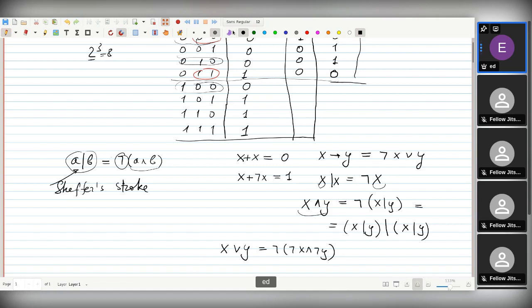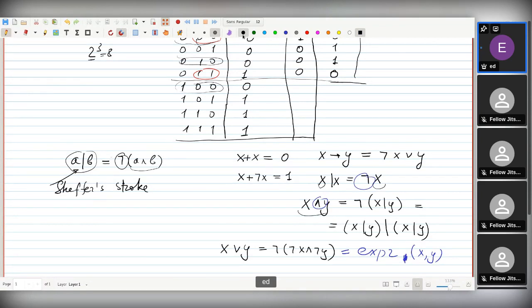But as both the negation and conjunction can be expressed in terms of Schaeffer's stroke, it is clear that there exists some expression which depends on X and Y solely and is constructed with Schaeffer's stroke exclusively.